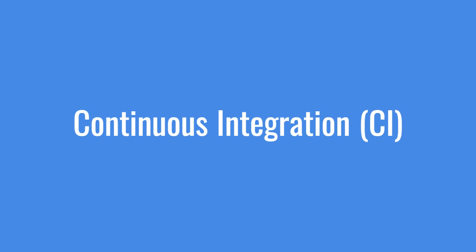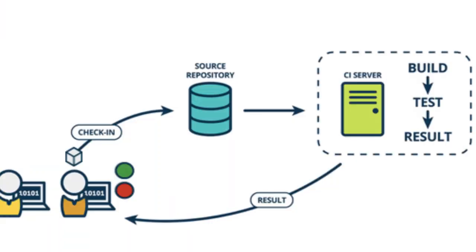Then continuous integration, or CI. CI is a software development practice where code changes from multiple contributors are automatically integrated into a shared repository several times a day. Friends, when there are several software developers, for example 10 developers in Pakistan, 10 in India, and 10 in the USA, multiple teams are working on the same code base, so there are many changes.